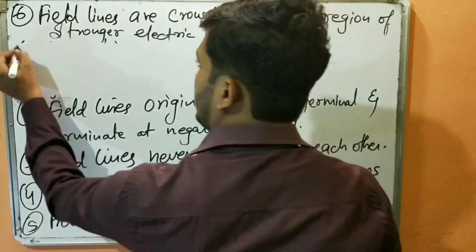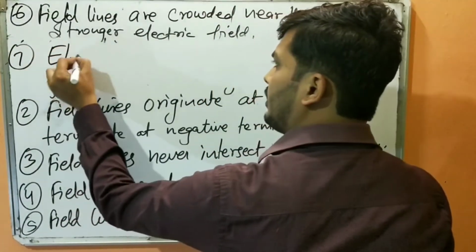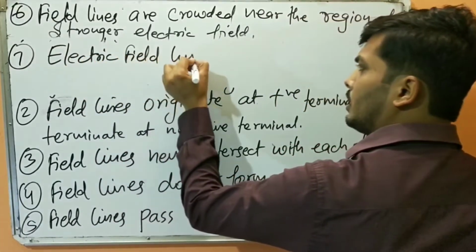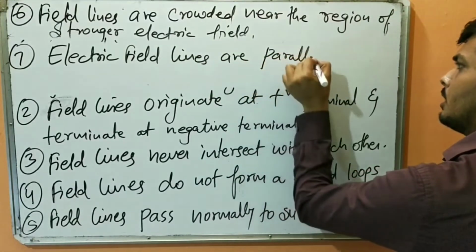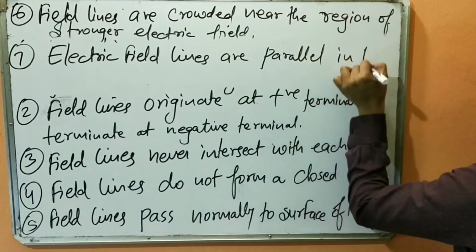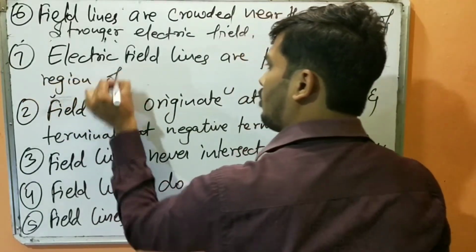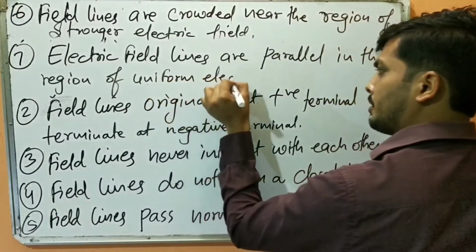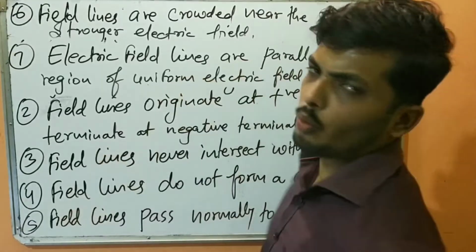Then next, one more property you can add. In the exam you are expected to write any 5 properties. Okay. Electric field lines are parallel in the region of uniform electric field. So the next property is also quite straightforward.